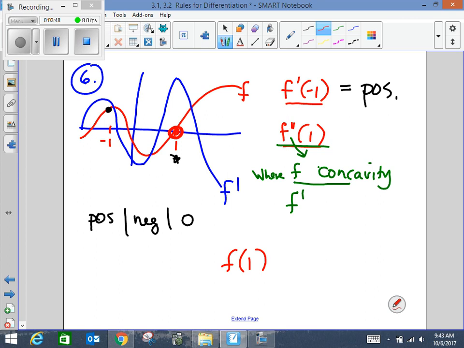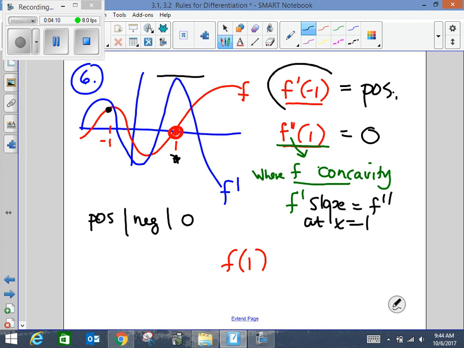The slope of f prime is going to be f double prime, correct? Okay. And what is that slope? 0. At 1. Okay, wow. All right, so now you can compare a positive number with 0. This is the greater number. I think, is that what they asked? Which one is bigger? Yes, that was bigger.